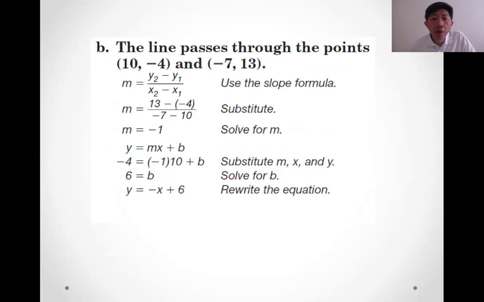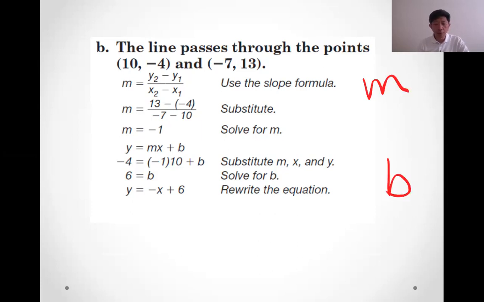Next, I want to find the line through the points (10, -4) and (-7, 13). So you want to find the equation of the line. We know the line passes through these 2 points. First of all, find the slope, and next we find the intercept.